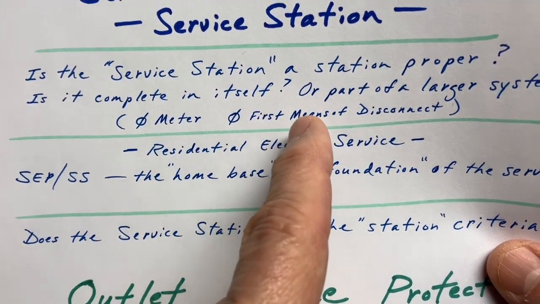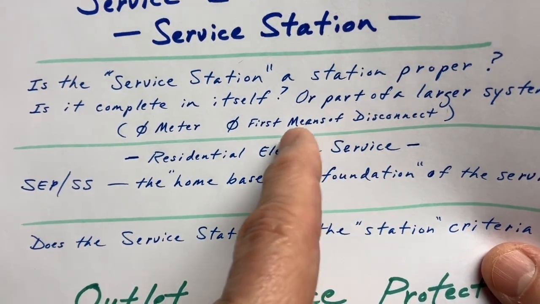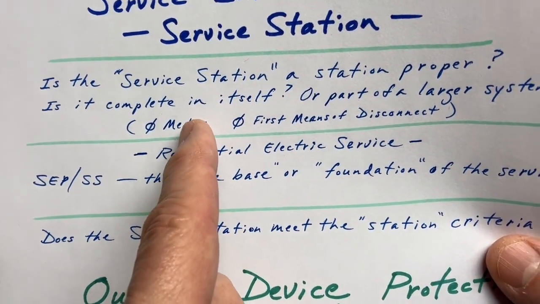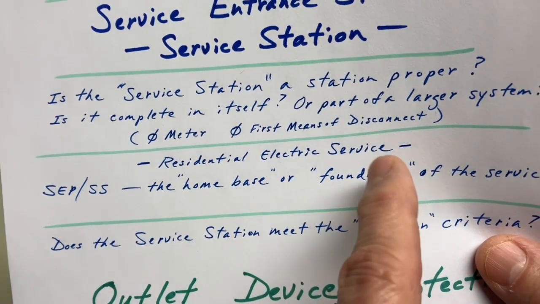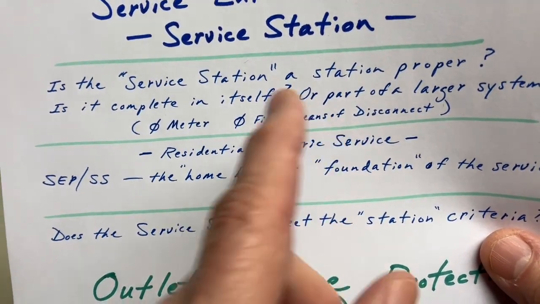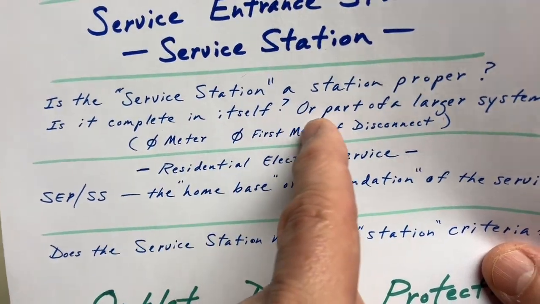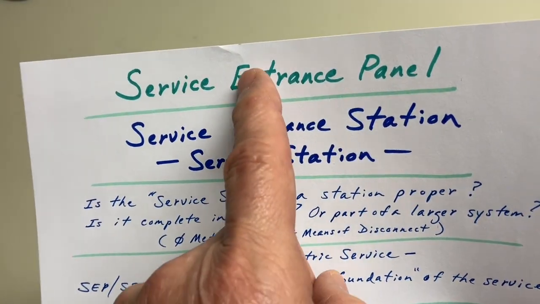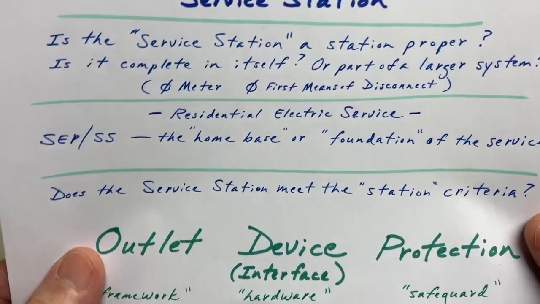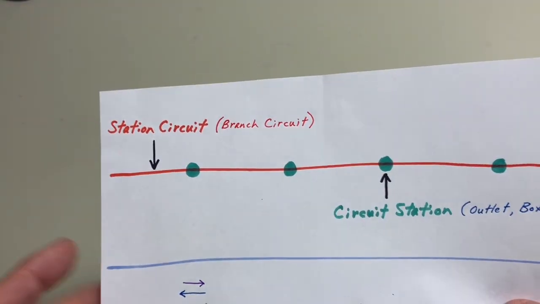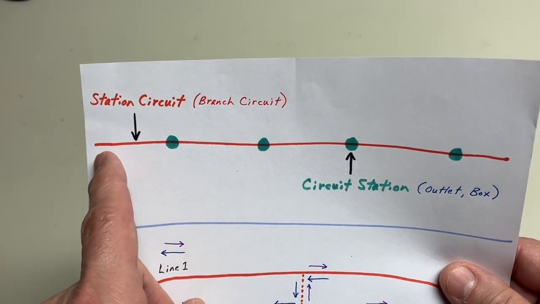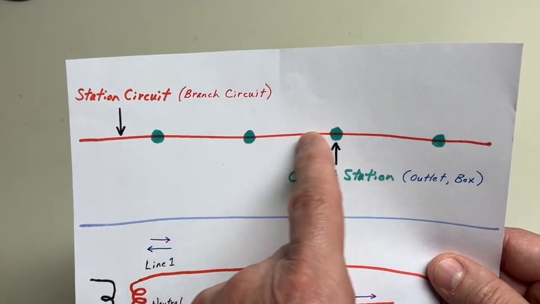And we're not talking about a first means of disconnect if it's outside and it comes before the meter, as is required by code in some states. Okay, so we're not talking about that meter or a means of disconnect other than the one in your service entrance panel.